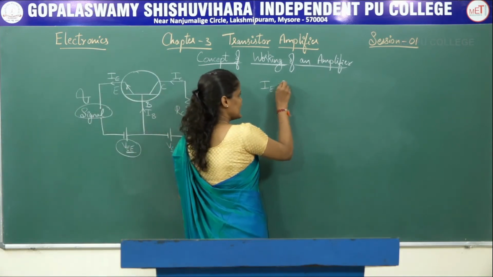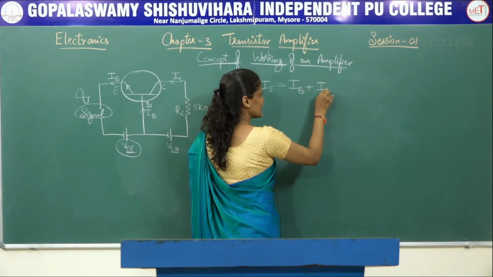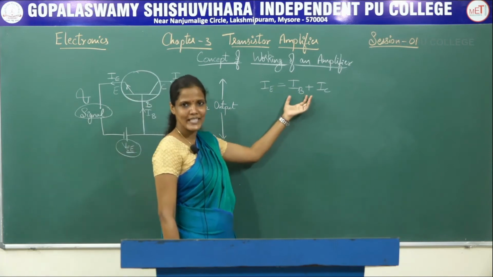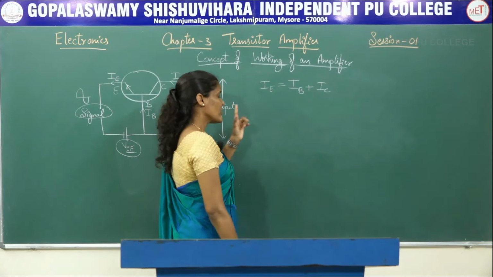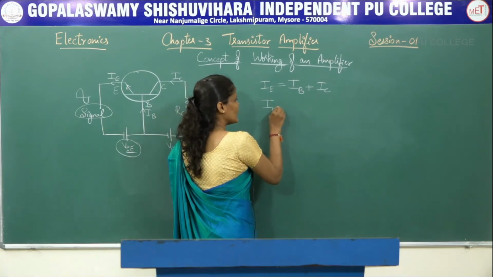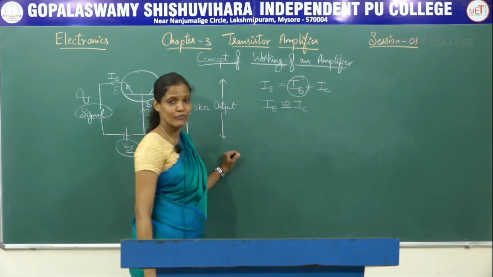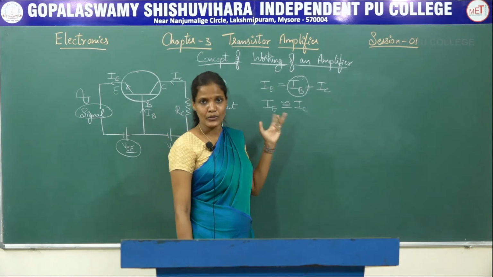In the last year itself we saw that IE is equal to IB plus IC, where IB is the base current and IC is the collector current. We also saw that IE will be approximately equal to IC because the IB value is very, very small. Hence IE is approximately equal to IC.